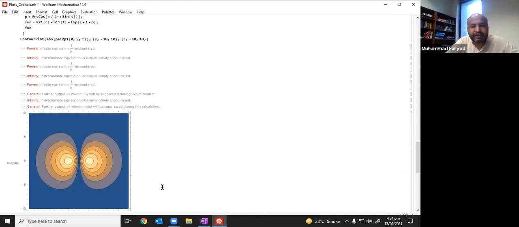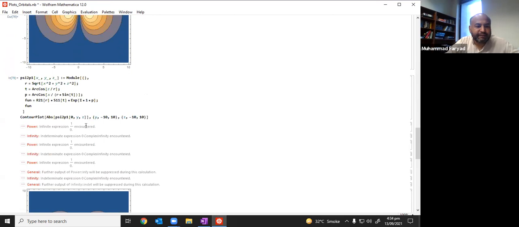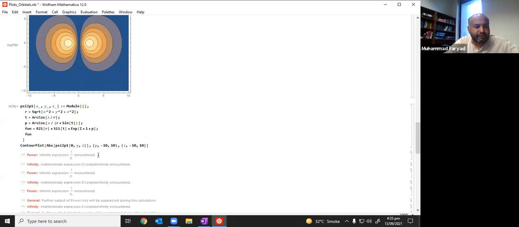So in the YZ plane, it has this lobe, and in the XZ plane, in the XY plane, this is pretty strong. So this is like a donut which is lying in XY plane. So it's in the YZ plane. Let's go back to XY plane.